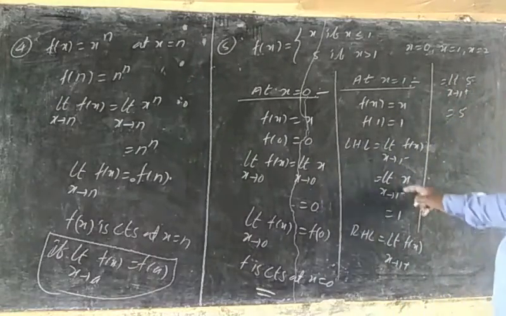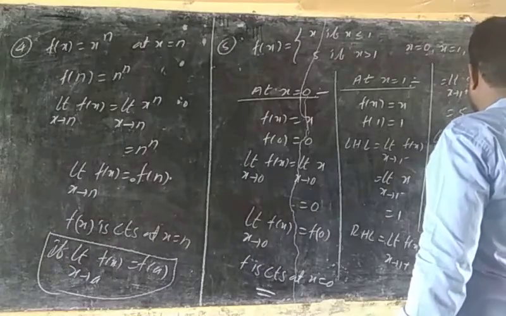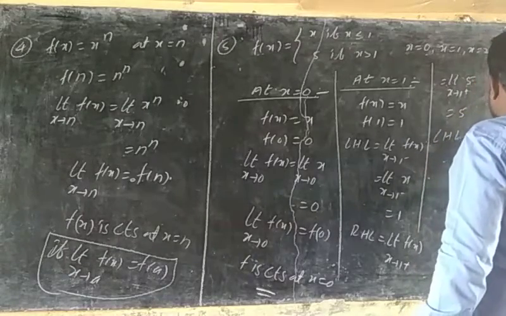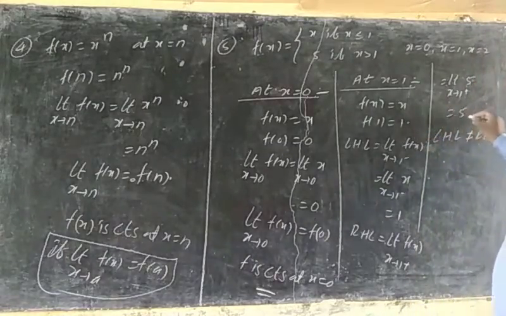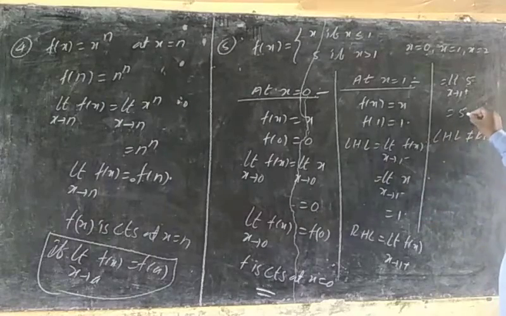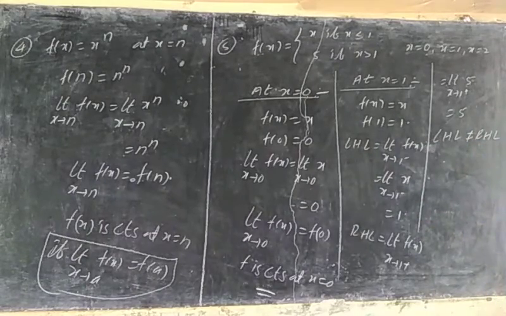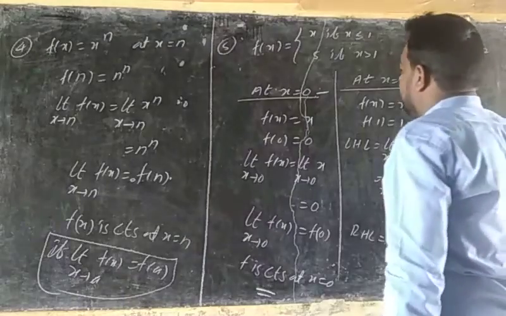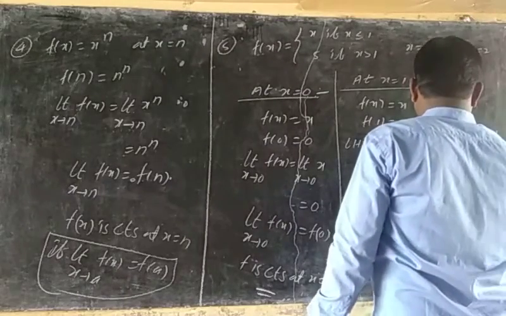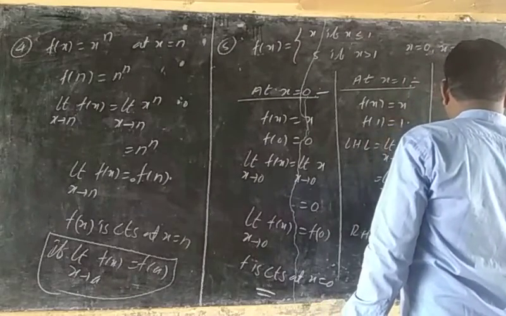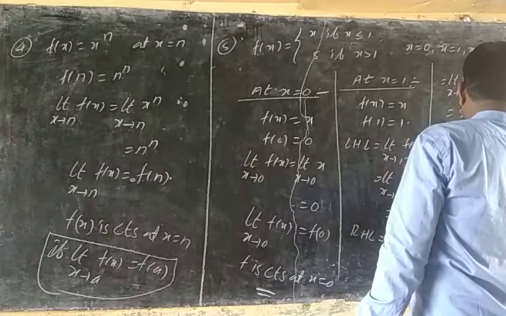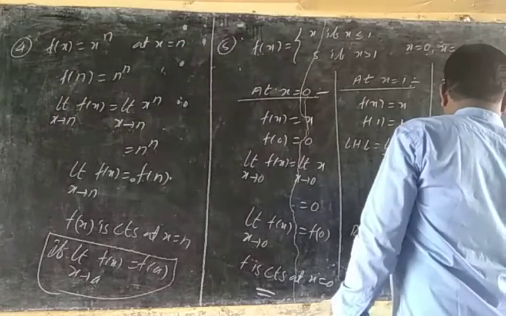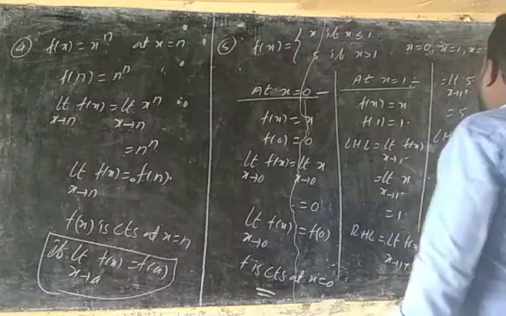You see, the left hand limit is 1 and the right hand limit is 5. LHL is not equal to RHL, so the limit does not exist. So f is not continuous at x = 1.